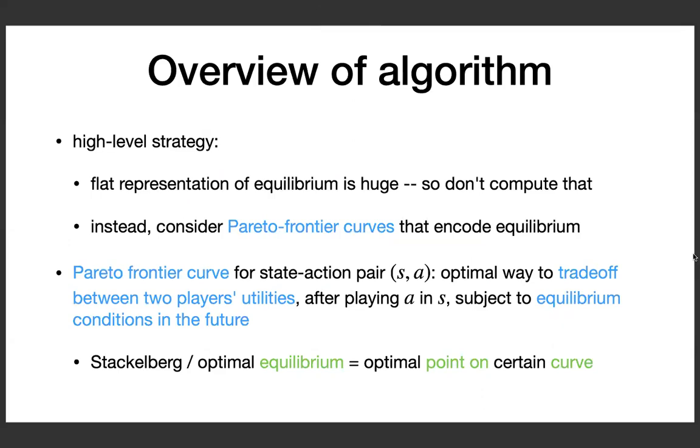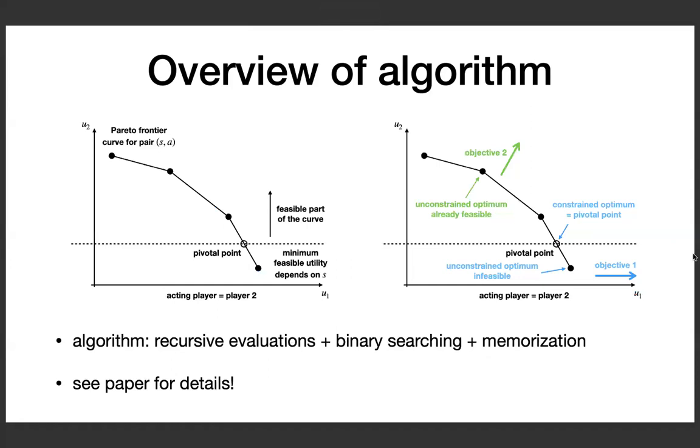The curve for state-action pair S and A is the optimal way to trade off between the two players' utilities after playing action A in state S, subject to equilibrium conditions in the future, roughly speaking. If we have these curves, then the Stackelberg or optimal equilibrium corresponds precisely to some optimal point on a certain curve. And these are what the curves look like.